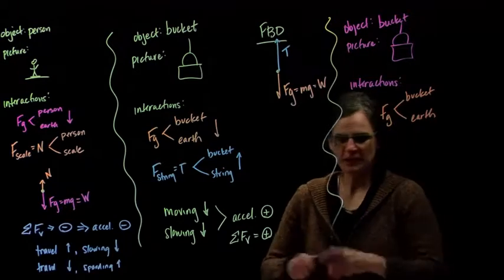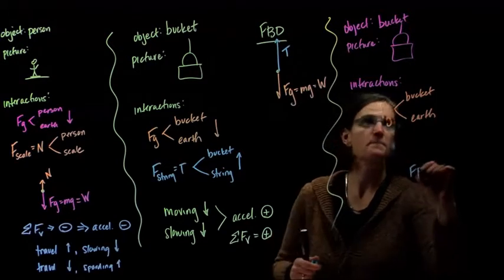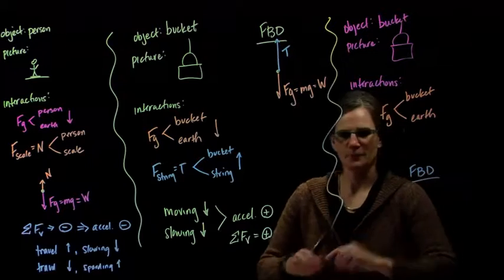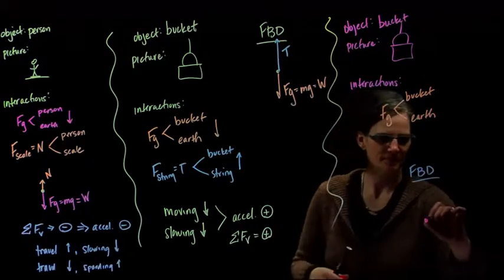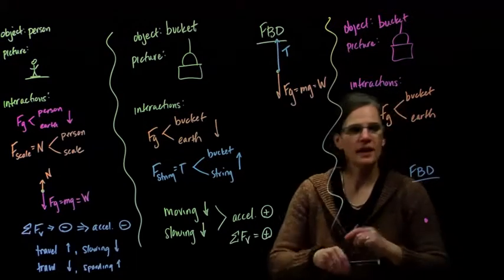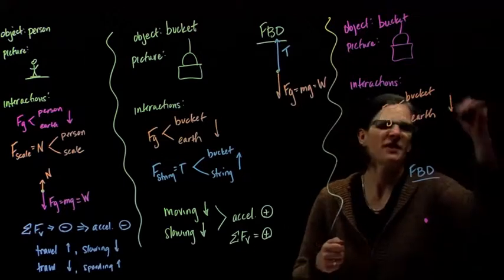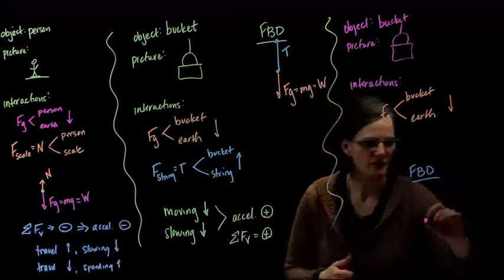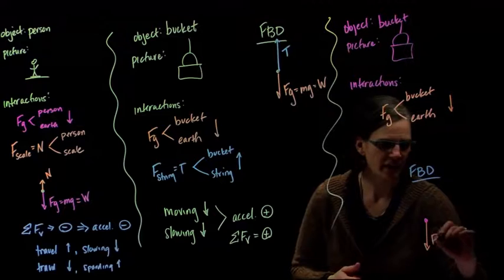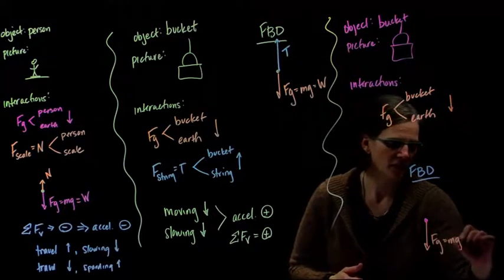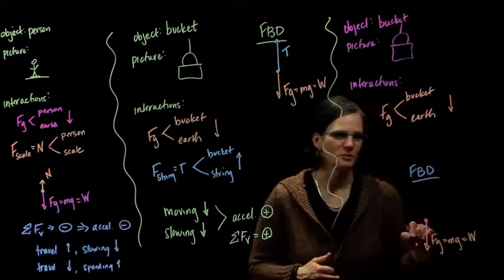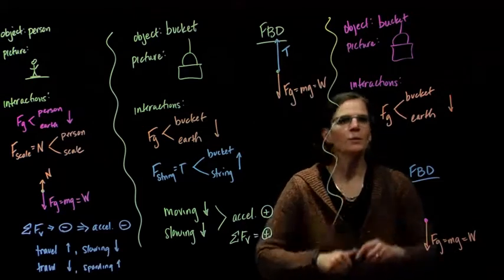And if we start to develop our free body diagram, there's my bucket. We know that the force of gravity is always pointing downward, and that's a property of the object. So it's going to have a very specific length of arrow equal to mg, which of course is defined as our weight.